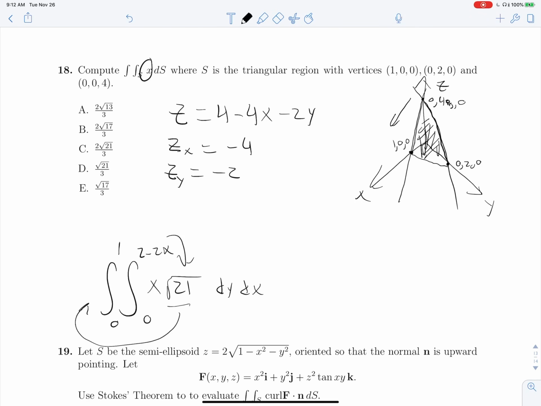So we're going to be left with root 21 times the integral from 0 to 1 of 2x minus 2x squared dx. This is going to be x squared minus 2/3 x cubed on 0 to 1, which is just going to be 1 minus 2/3, or just 1/3 times root 21.